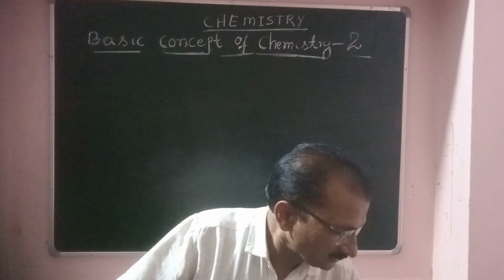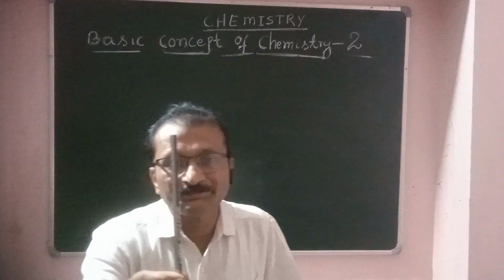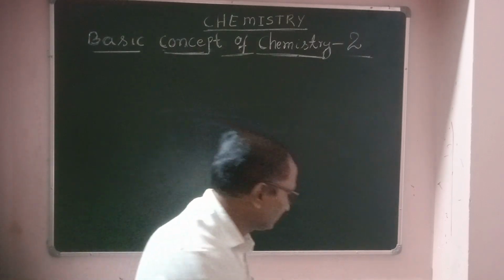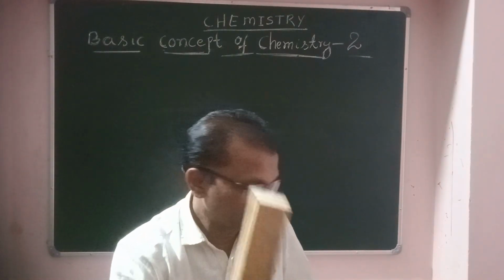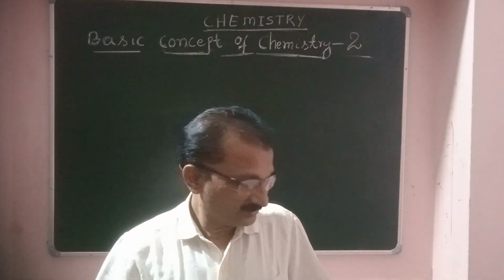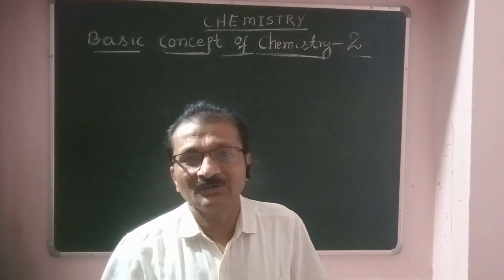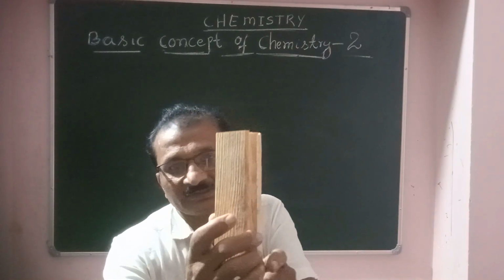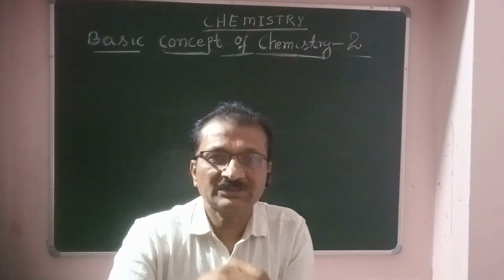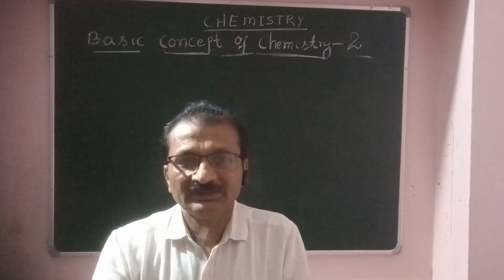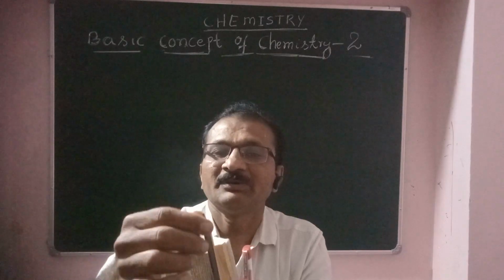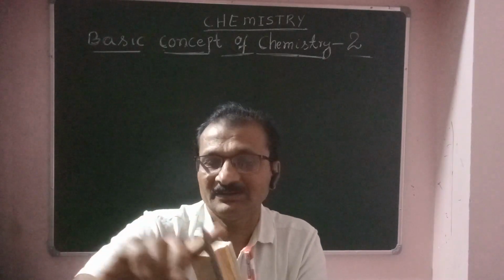You already know this pencil is also matter, the pen is also matter, this duster is matter, and this chalk piece is matter. If you ask a normal person what this duster is made of, they say wood. The pencil's outer part is wood, and inside is pencil lead.